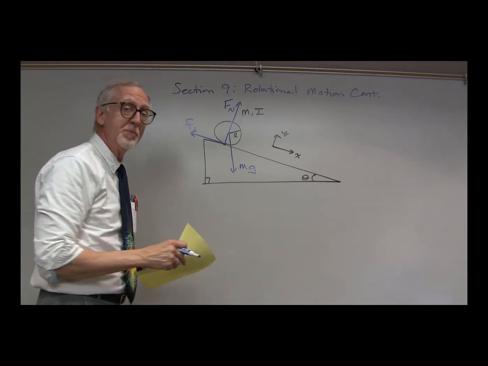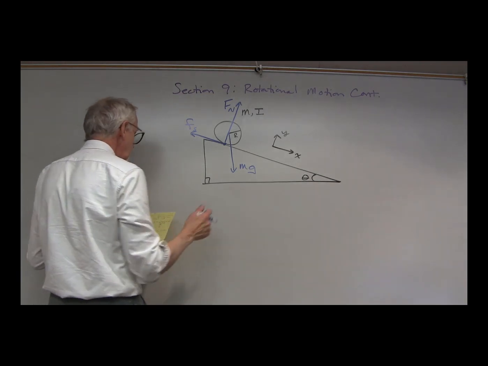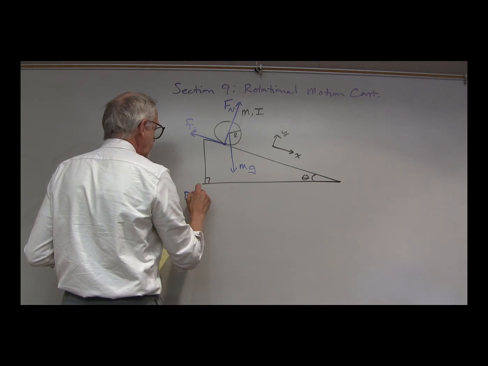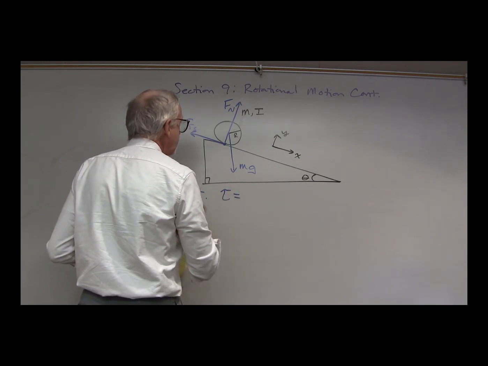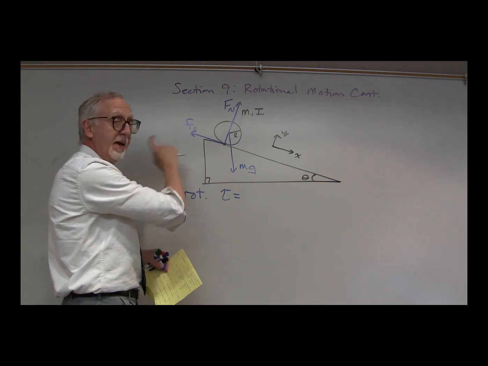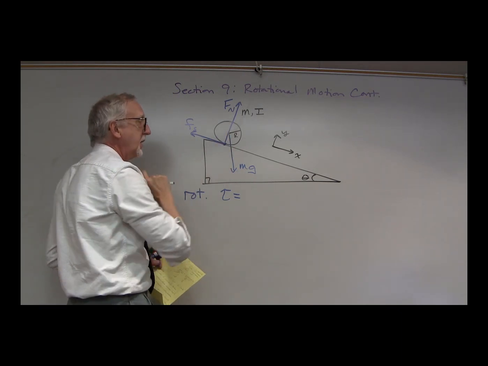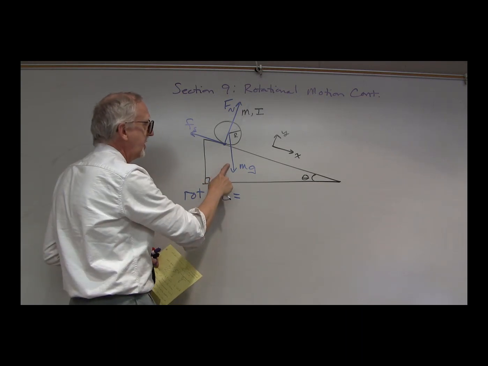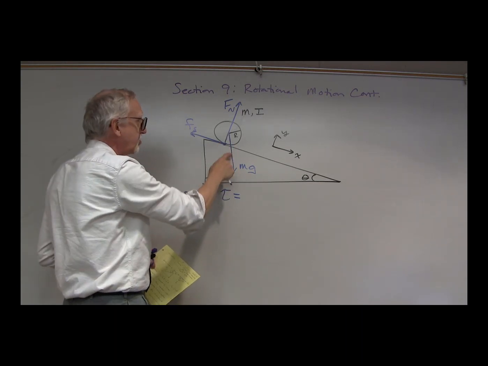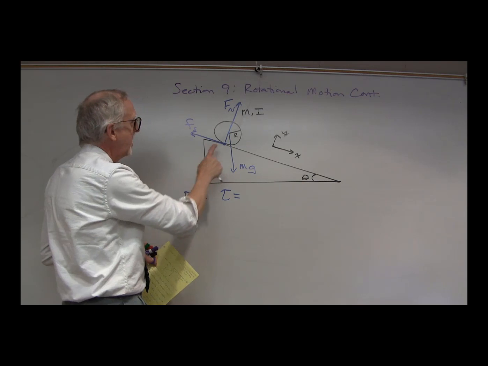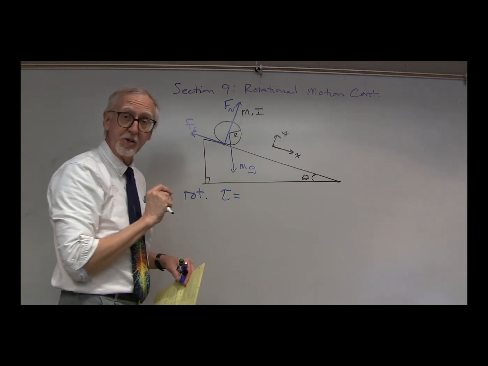Now, let's look at some equations of motion. We know that for the rotational motion, the torque is going to be equal to, well, what creates a torque? The normal force creates no torque. It goes right through the rotational axis. The weight creates no torque. It goes right through the rotational axis. But the frictional force will create a torque.